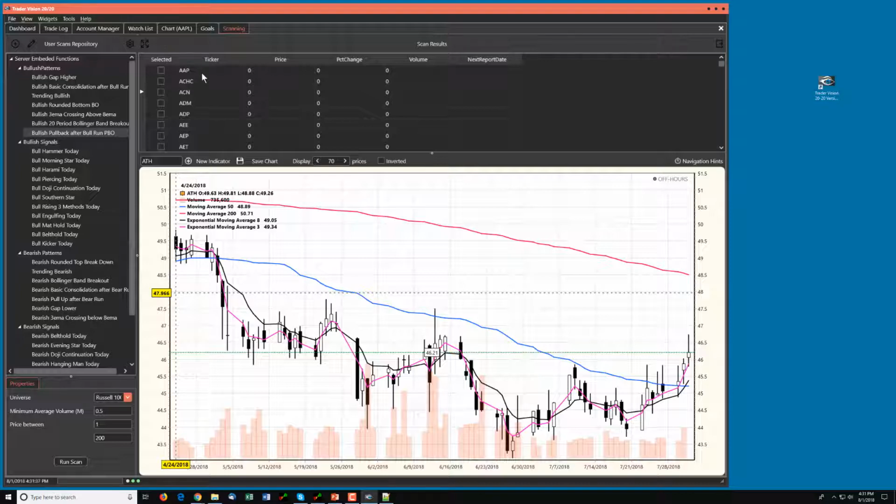Eventually, I fully anticipate that Trader Vision will get to the point where it's as full-featured and usable in at least the features that I feel are important as TC2000, and I plan to eventually drop TC2000 in favor of this. I'm not kidding anybody. The truth of the matter is TC2000 is much more robust, much more filled out.